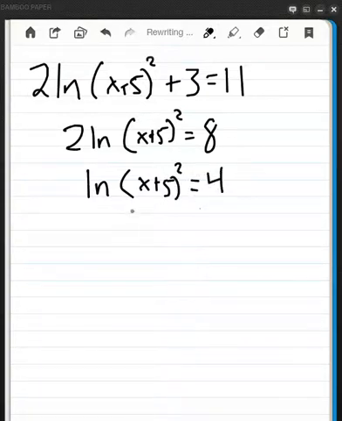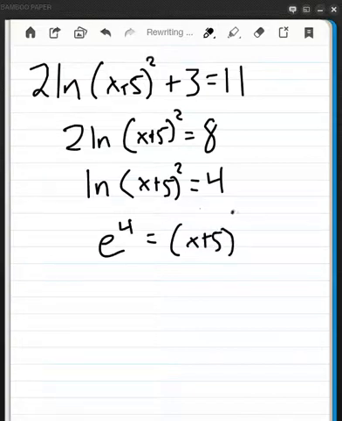Okay. All right, now this is a natural log, which means its base is e. So if we're going to rewrite this as an exponential, the base of our exponential is e. And remember that your answer and your power switch, so this is e to the 4th is equal to x plus 5 quantity squared.